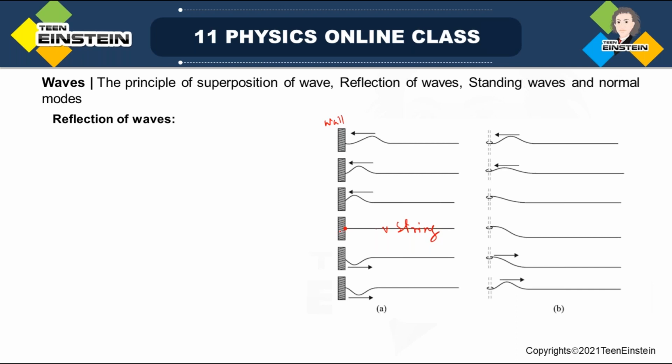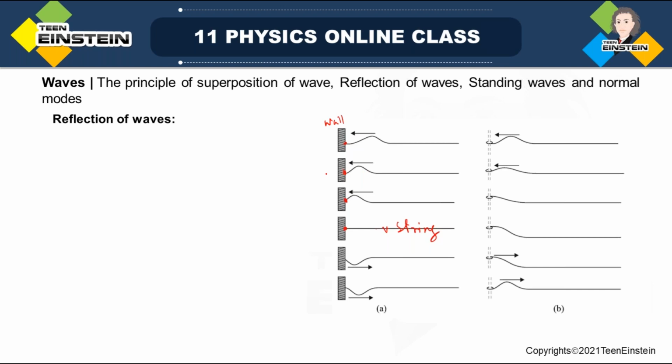Then a disturbance is produced in the string, traveling towards the wall, and it comes and strikes the fixed, rigid support. This support is not going to move or get displaced with the wave.